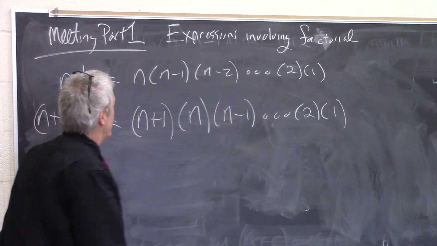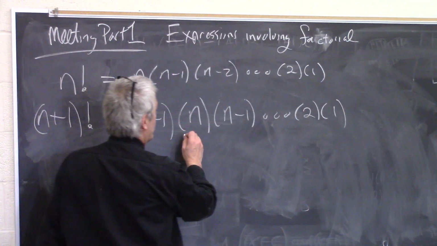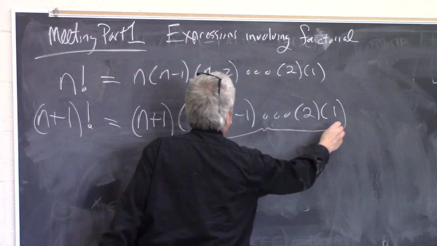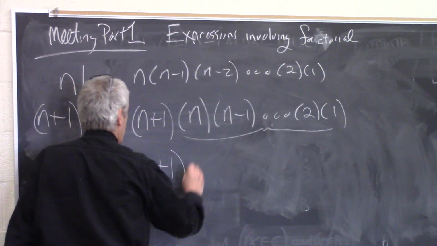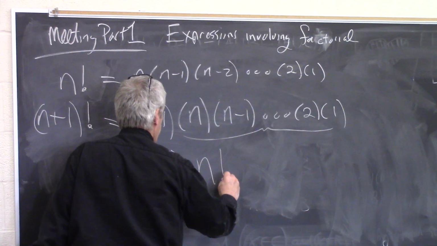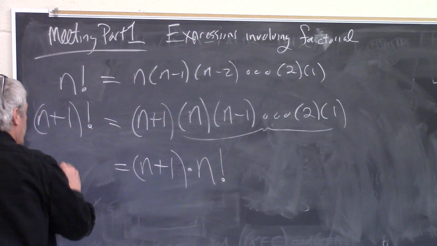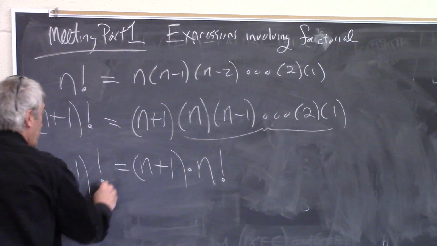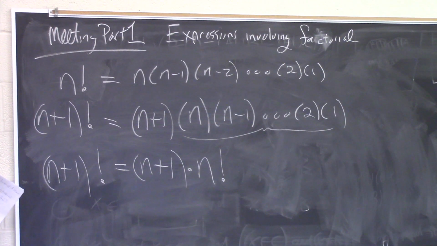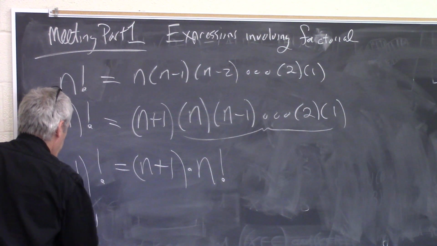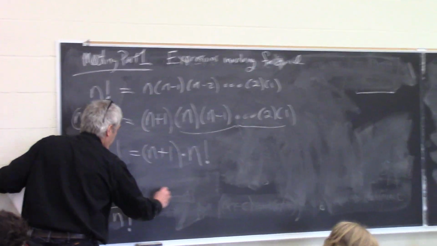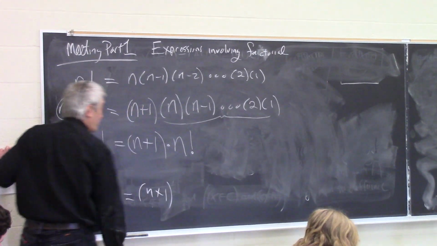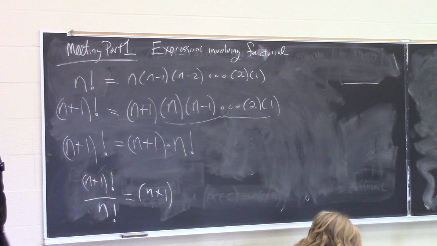But recognize that in this expression, this much of it is just n factorial. So n plus 1 factorial equals just n plus 1 times n factorial. So n plus 1 factorial over n factorial is just the expression n plus 1, no factorial. That's easy enough.